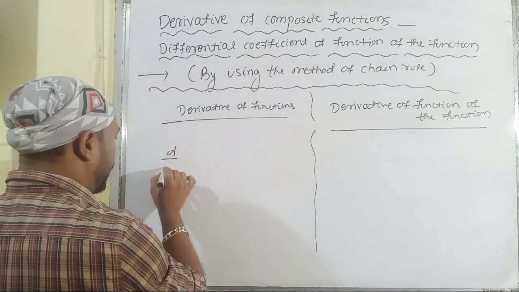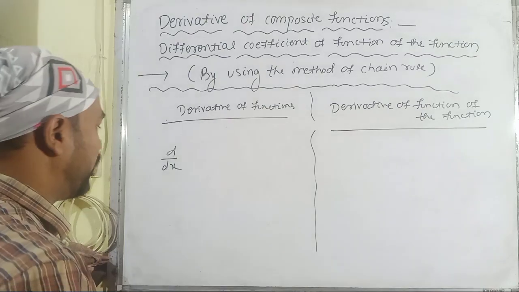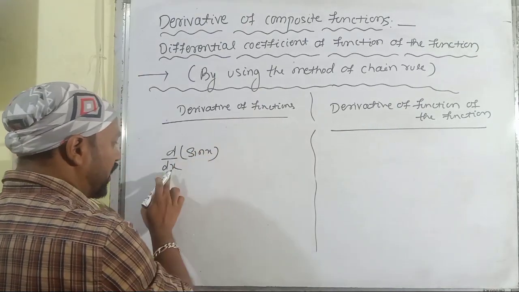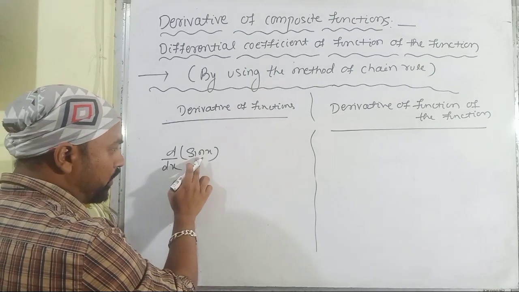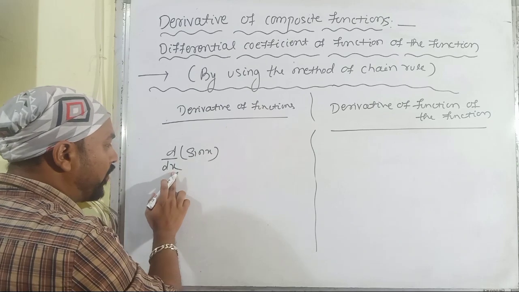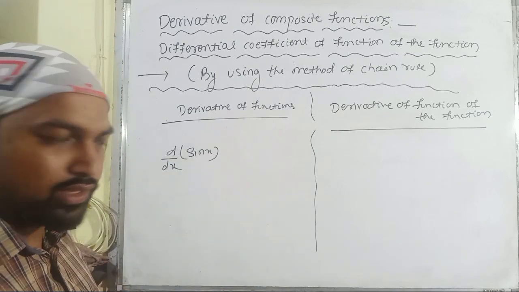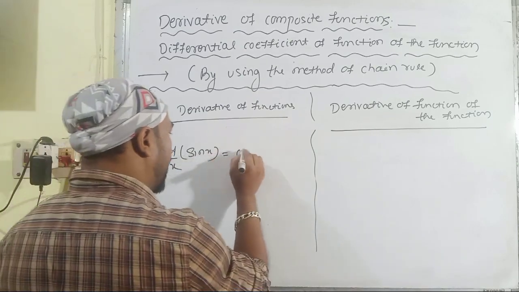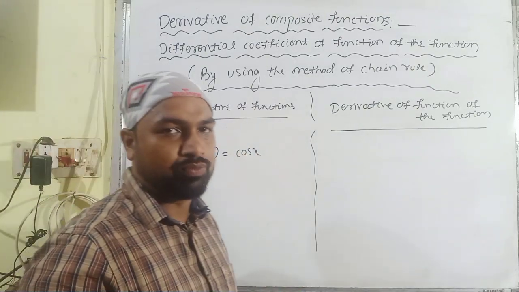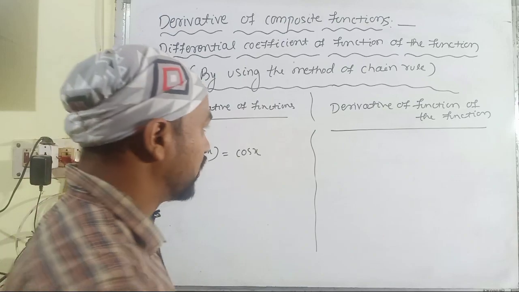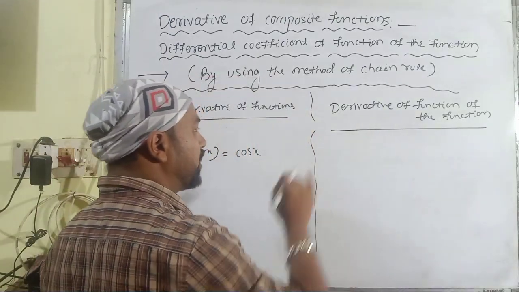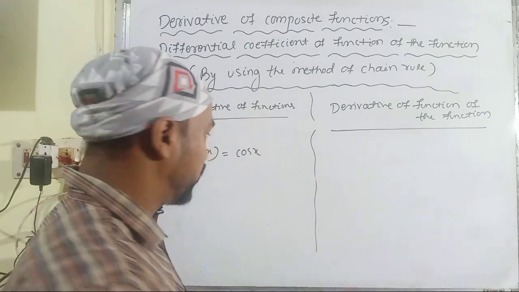Previously we used the formula for differentiation of sin x with respect to x. That means the trigonometric function sin contains the variable x and the operator is also in the form of x. So its formula is cos x, and we have already proved it in the 11th class mathematics topic of differentiation. But here we are going to find the derivatives of a function of functions.